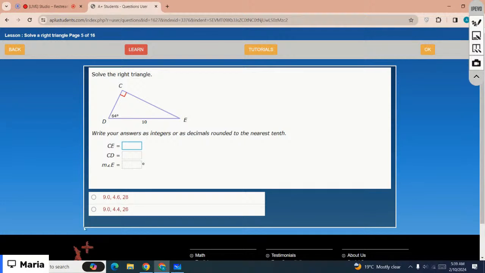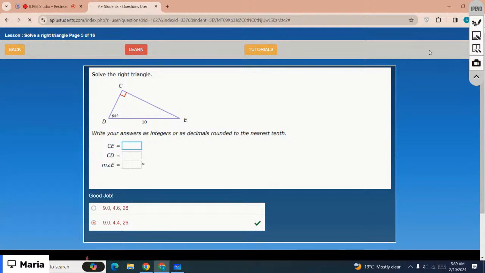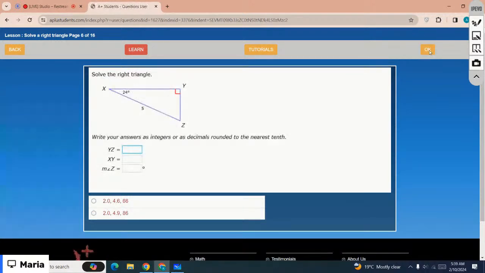That's the second one. The next one is solve the right triangle. So, which is the correct option?